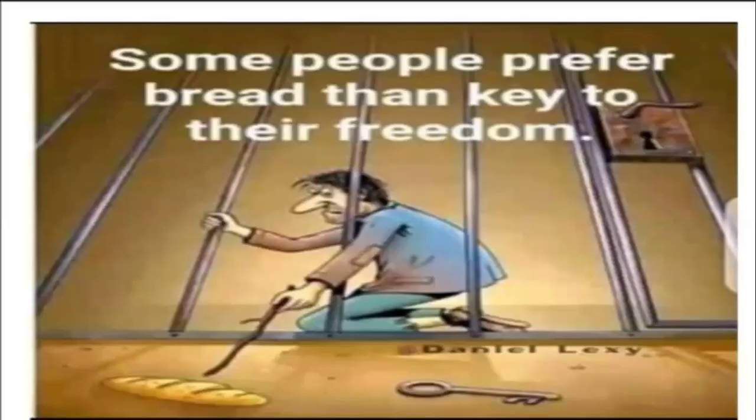Some people prefer bread to the key to their freedom because of what? Negative, battered, rattled mentality. All their life is hand to mouth, hand to mouth, hand to mouth, so they believe that is all life is about. That is not all life is about. Somebody has been in prison for some time now. He has never eaten maybe for two or three days.